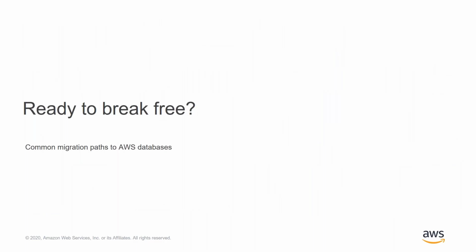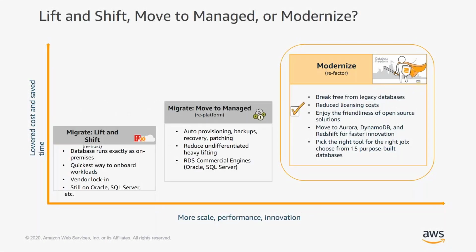So now let's talk about the options our customers have to break free from these legacy platforms, right? So what are some common migration paths to AWS databases on the cloud? If you look at, at a high level, there are multiple options our customers have to migrate their databases to AWS.